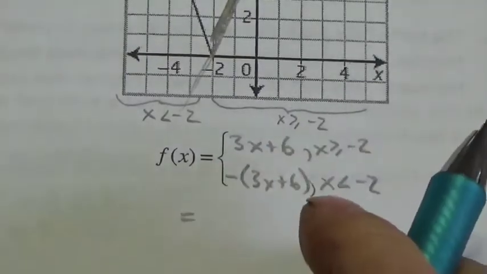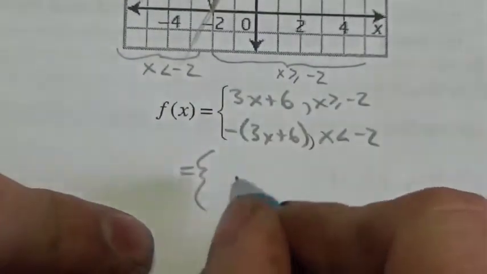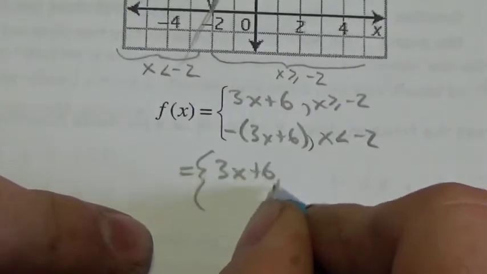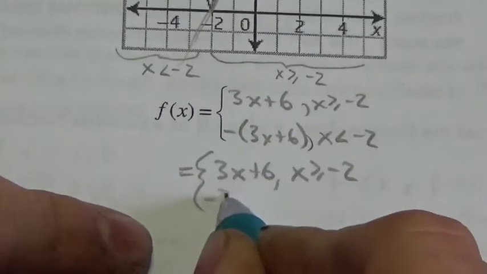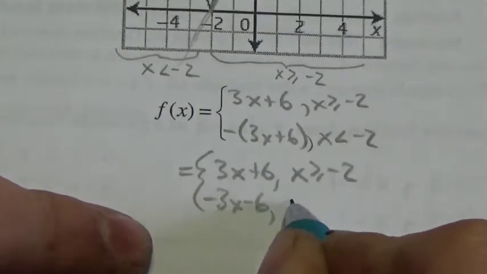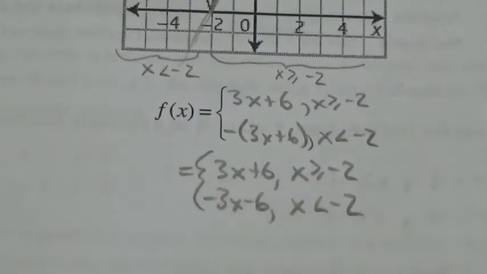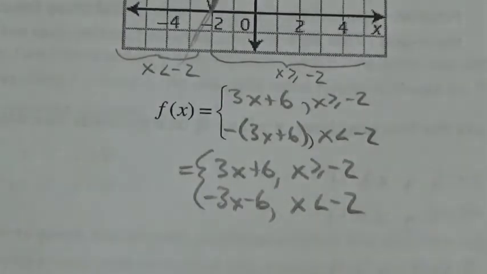And now to simplify that, we will write this as 3x plus 6, where x is greater than or equal to negative 2, and negative 3x minus 6 when x is less than negative 2.